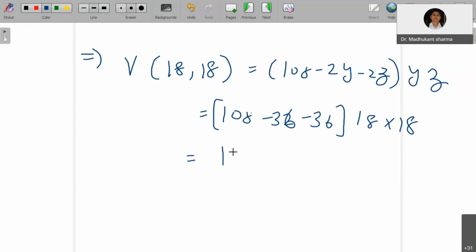That's going to be 11,664 cubic inches. So this is the maximum volume of the acceptable rectangular box with respect to the condition. I think we can stop here now. If you have any question, you can ask, or we can close here.